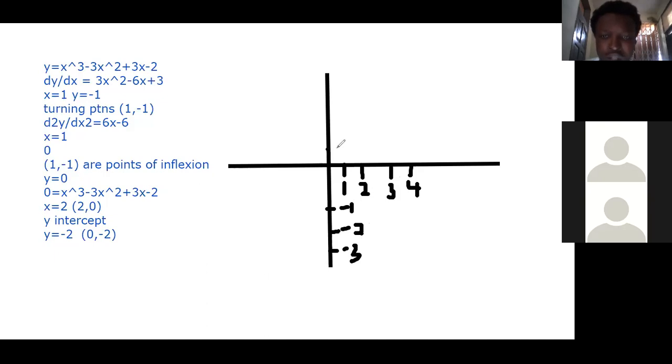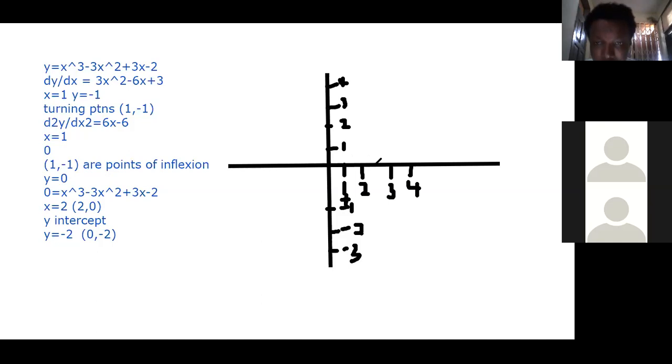Then we can have 1, 2, 3, 4 on the y-axis. So what will be the first? The first one is 1, -1. Then the second one is 2, 0.